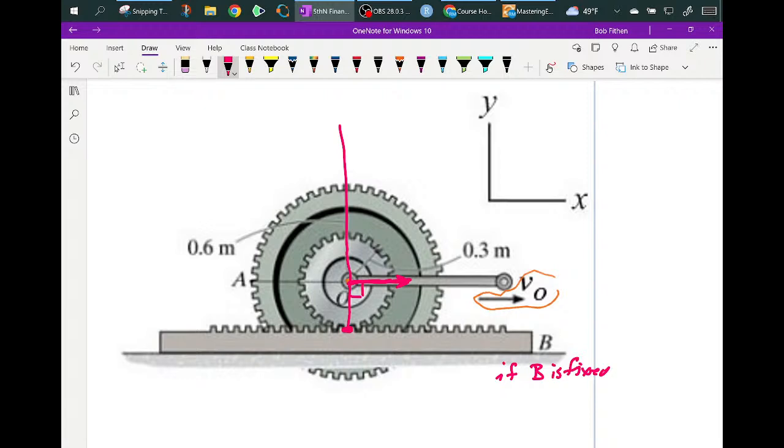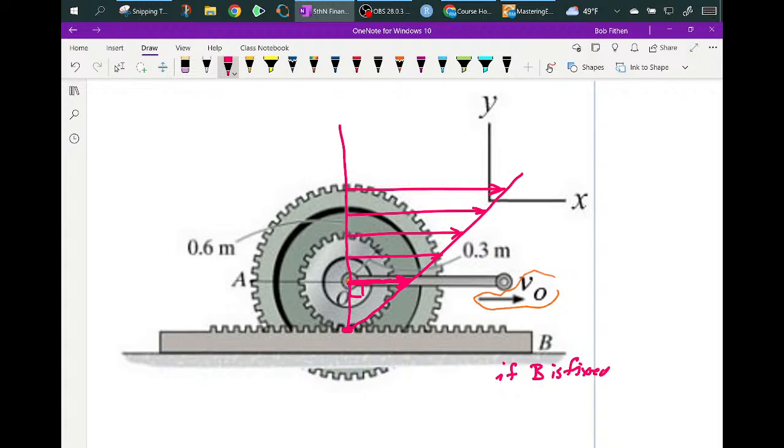Let me see if I can do a reasonable job. So the velocity all the way out on this gear tip here is this, velocity here is obviously that, and so on and so forth. Now if we want to know the velocity of point A, here's the other thing.